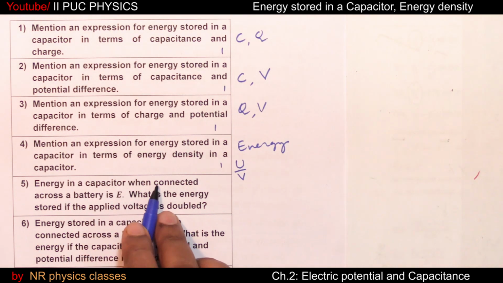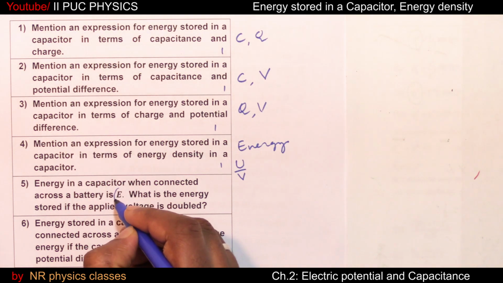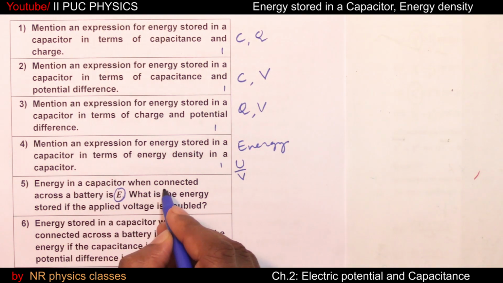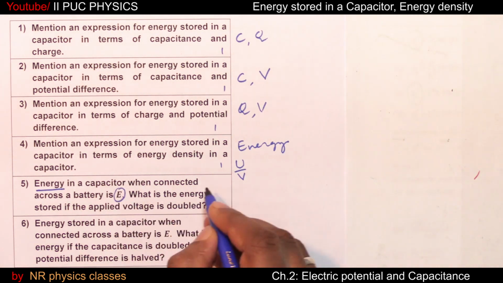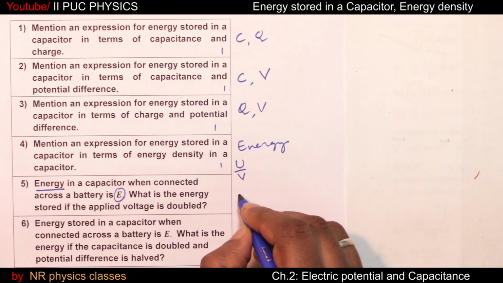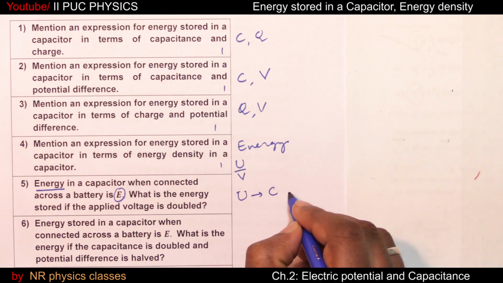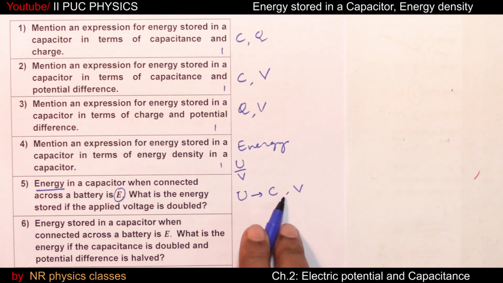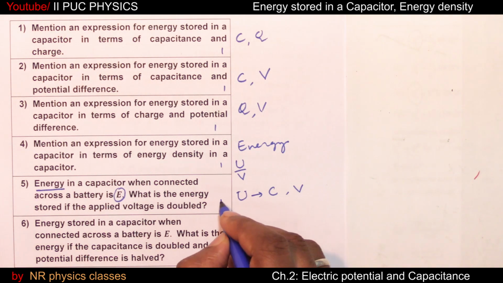Energy in a capacitor when connected across a battery is E. E is not electric field, E is energy. Okay, it is clearly mentioned. What is the energy if the applied voltage is doubled? You have to consider the expression for energy in terms of capacitance and potential difference, and based on this you have to decide, 1 mark.